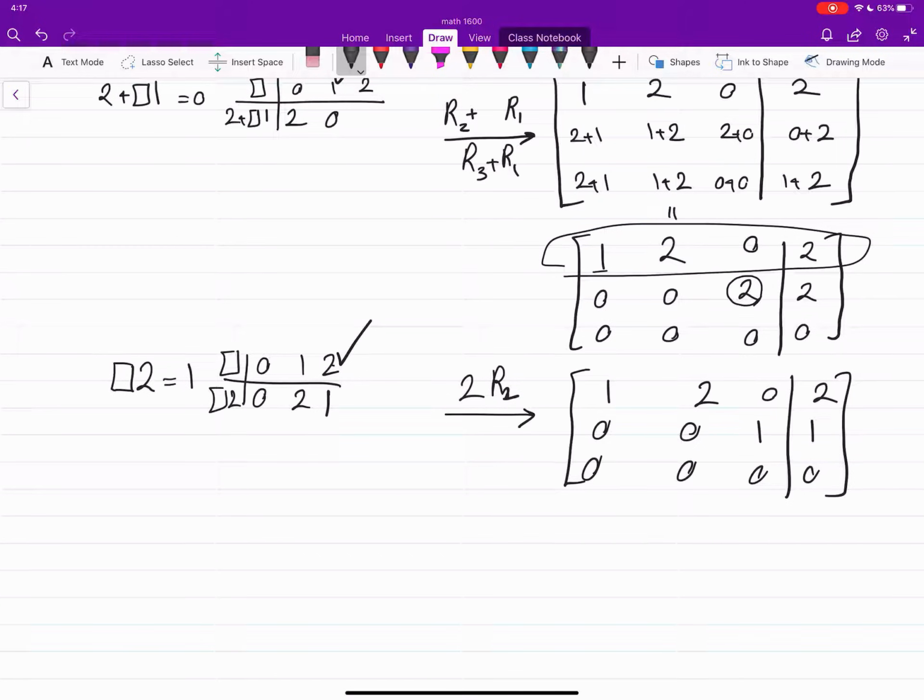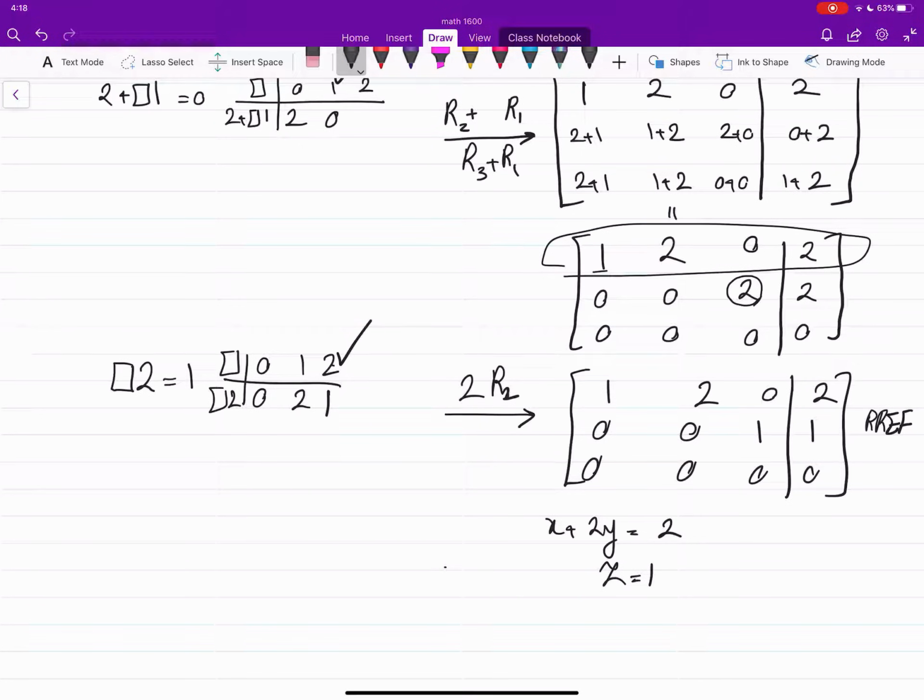You see that everything else in that column is 0. That means that we are in reduced row echelon form, and we can start doing step 3, which is write down the equations. So this is x plus 2y equals 2, and z equals 1.